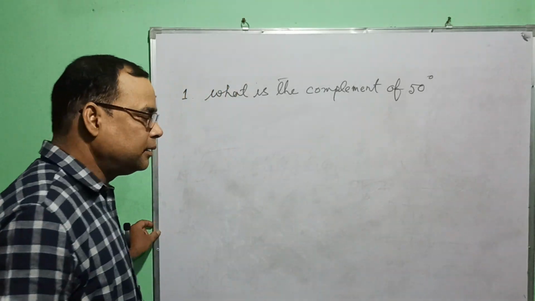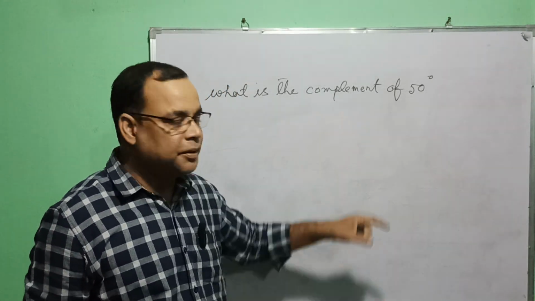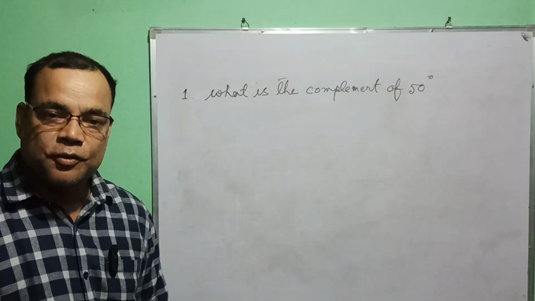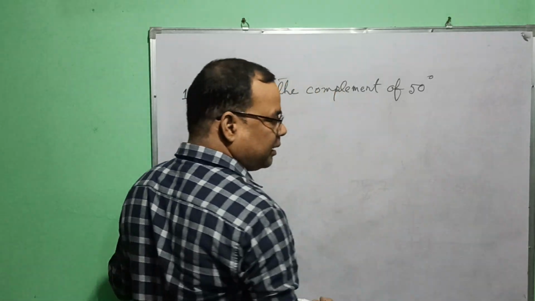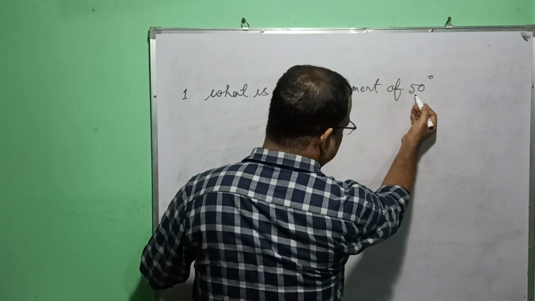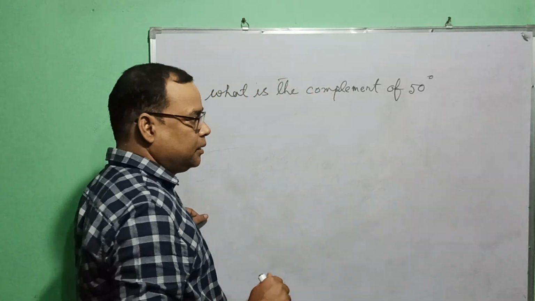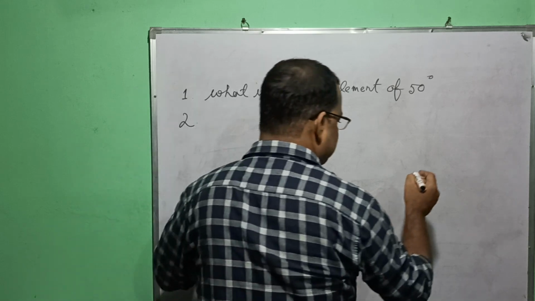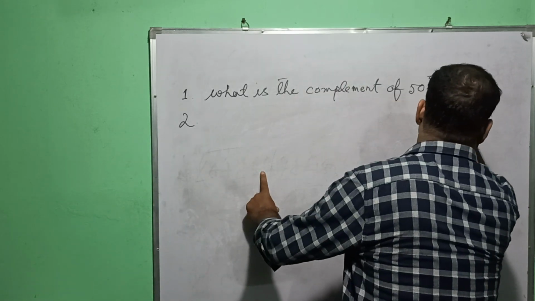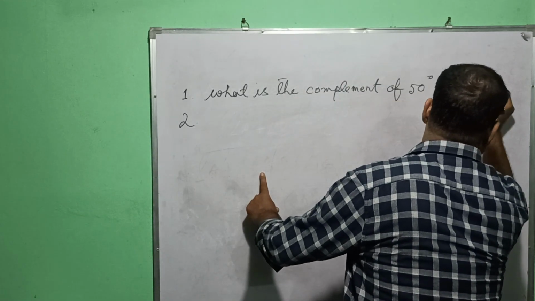What will be the answer? The complement of 50 degrees will be 40 degrees. Why is it 40 degrees? Because we can find the complementary angle by subtracting 50 from 90. So we get 40 degrees, and the answer is 40 degrees.